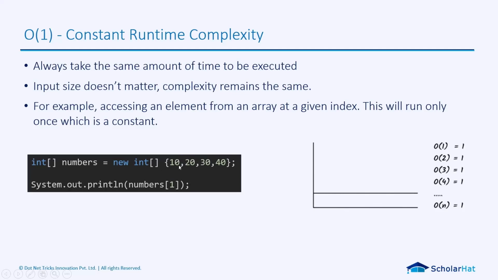It takes the same amount of time to execute whether I write index 1, 0, 2, 3, whatever index number. You can see the graph is linear: as the input increases, the output remains at the same position, which is parallel to the x-axis. We're going to see this again in the whiteboard.